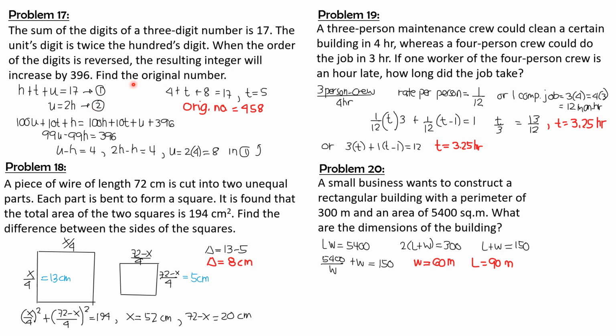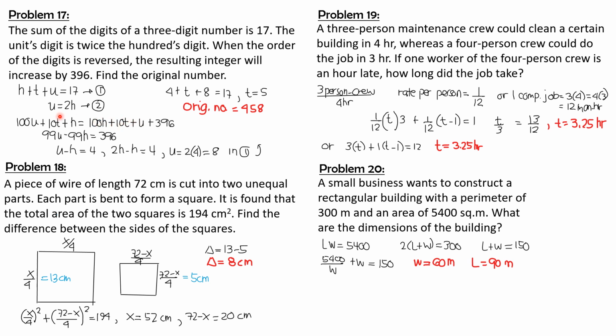Then in the third, when the order of the digits is reversed, the resulting integer will be increased by 396. So that means the resulting number would be greater than the original number by 396. This is the new number when the order of the digits is reversed, 100u plus 10t plus h, and this number is 396 greater than the original, 100h plus 10t plus u.